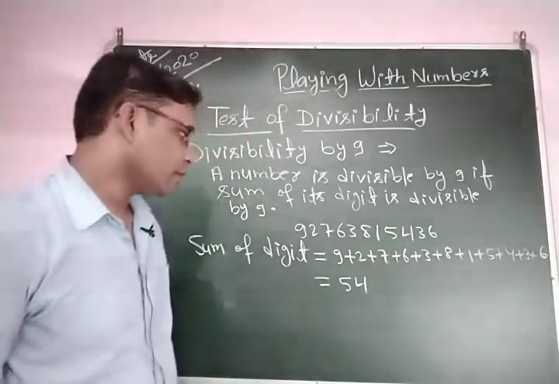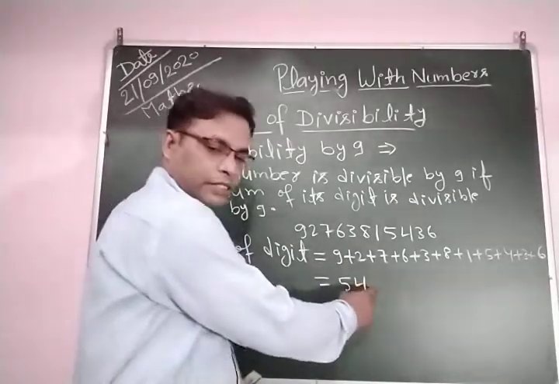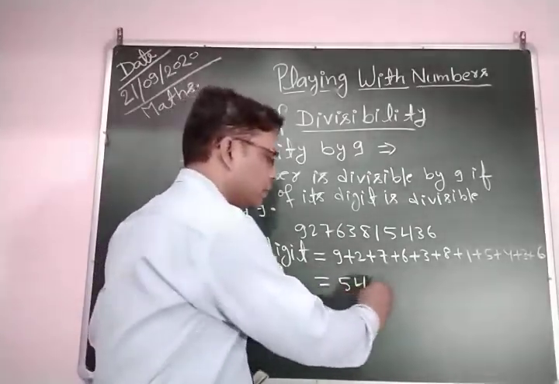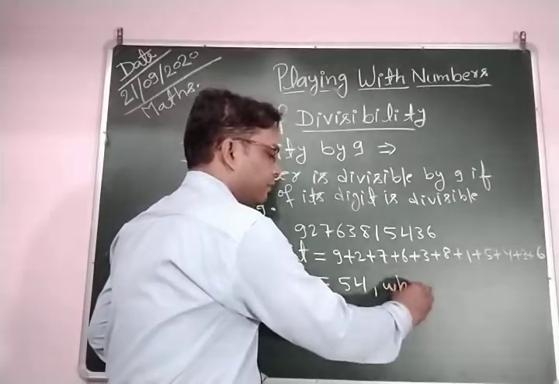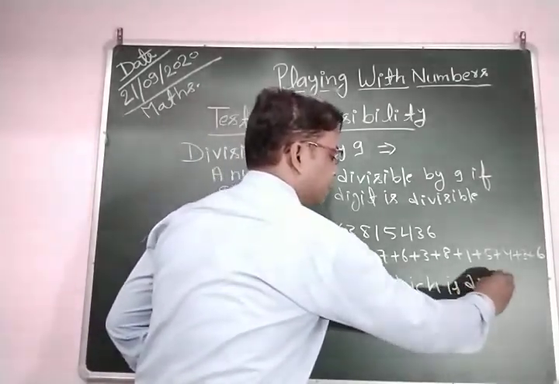Okay, you can write here: the sum of digits is 54, which is divisible by 9.